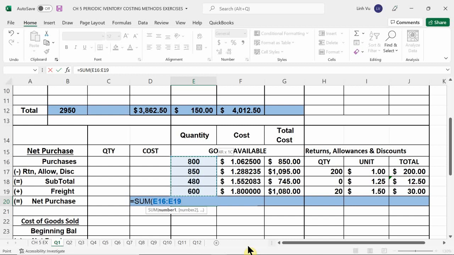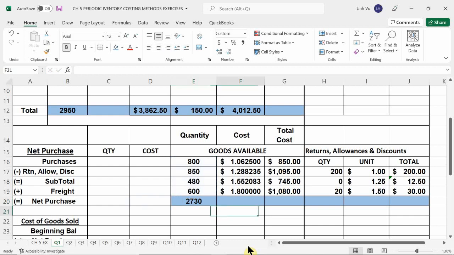So 800 plus 850 plus 480 plus 600 is 2,730. Good.